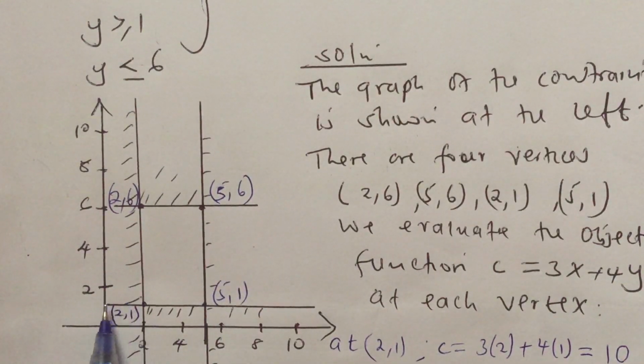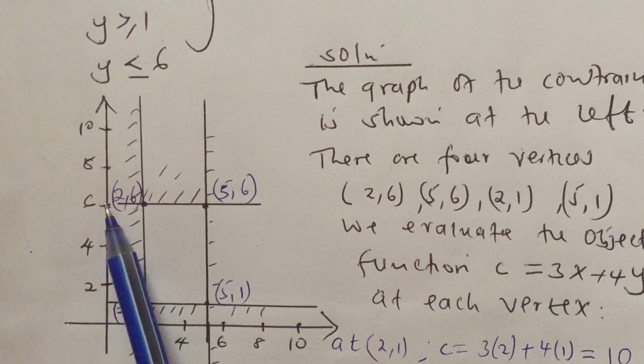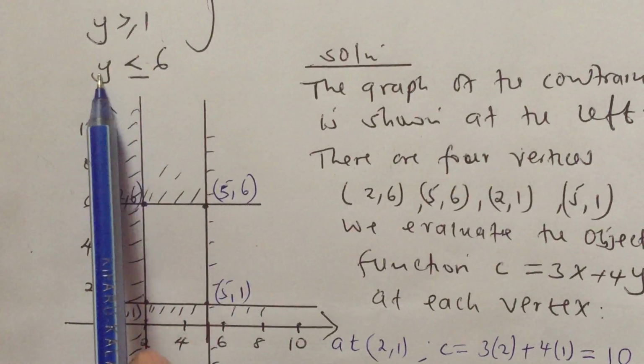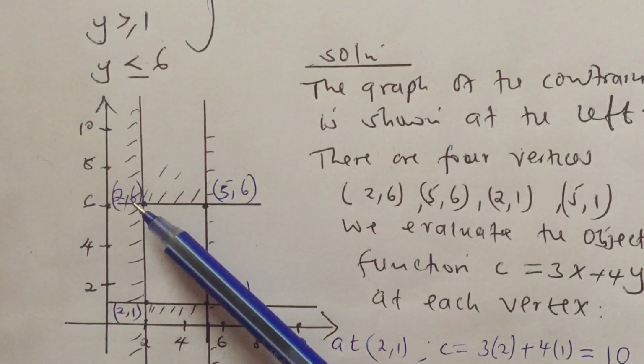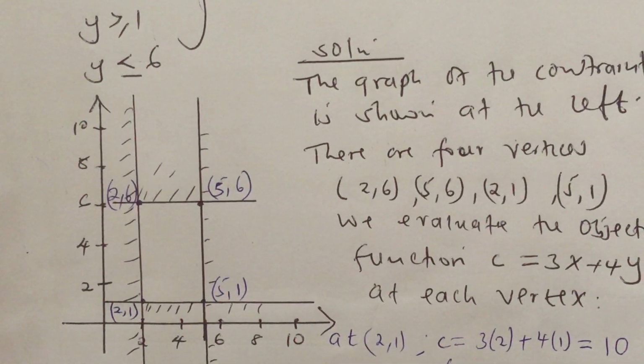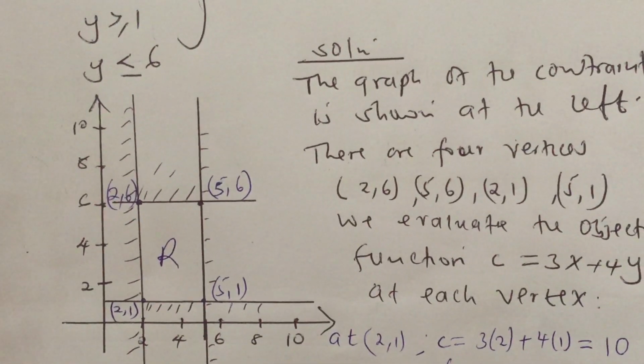And then the third one is y greater than 1. So I've drawn a line through y equals 1 and shaded the lower one. And then y equals 6, that is y less or equal to 6. I've drawn a line through y and shaded the greater part. So there's a region remaining here, which is the required region.